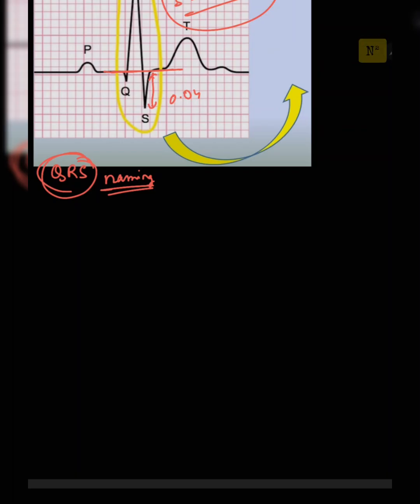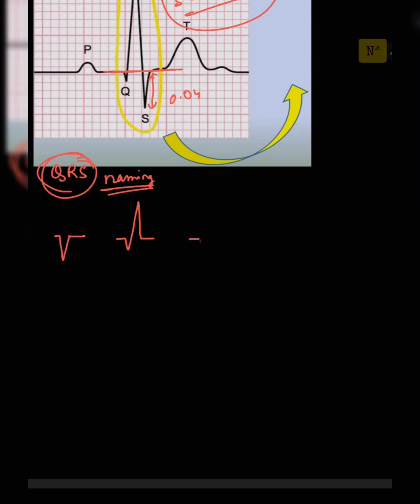So I have told you there are different morphologies based upon whatever leads you are taking. Supposedly some QRS complexes look like this. In some leads you will see that the QRS complex looks like this.